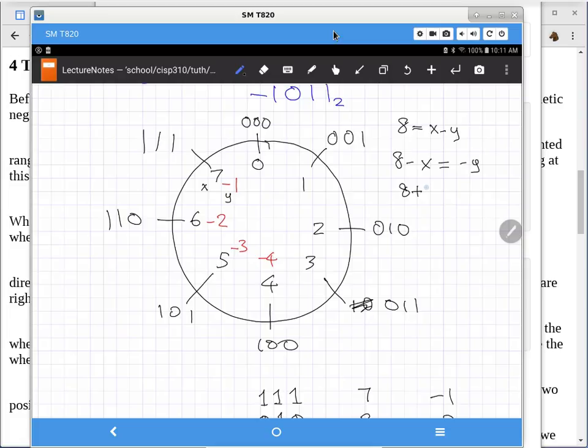I just flipped things around, but the idea is we want to figure out x. We are given y, we have to figure out x. So now we reverse it and say x is 8 plus y. But we cannot do 8 because 8 cannot be represented as 3 bits. It is a 4-bit number. Okay? What is 8? Isn't 8 the same thing as 7 plus 1?